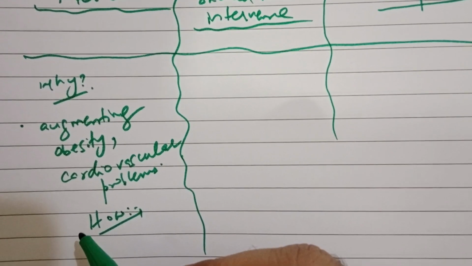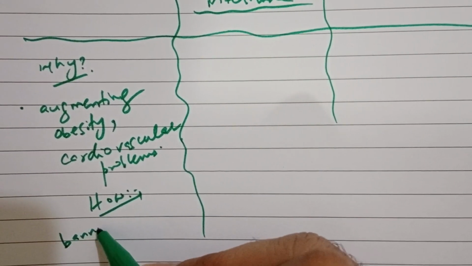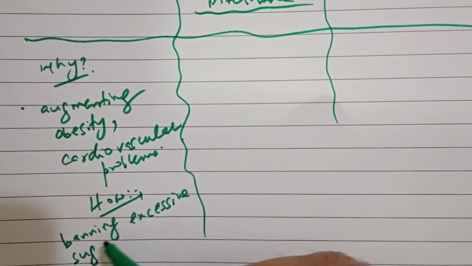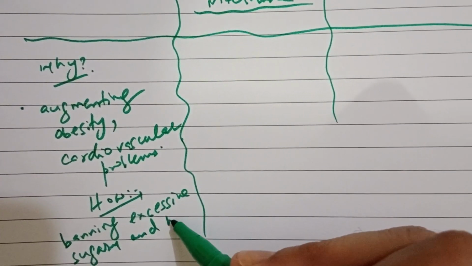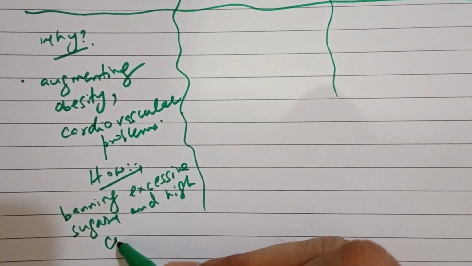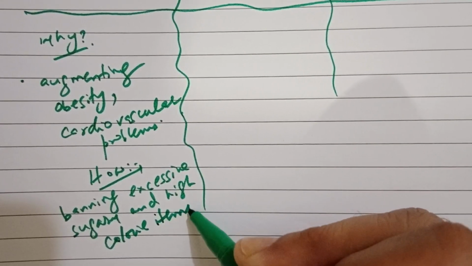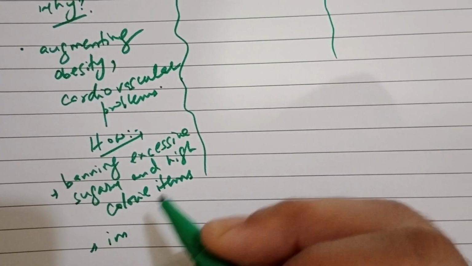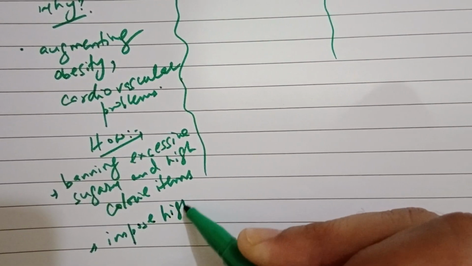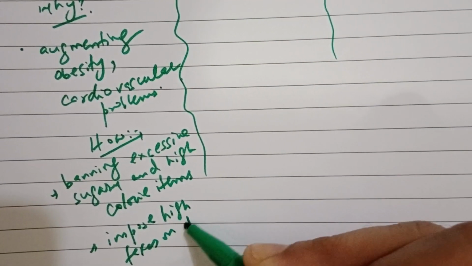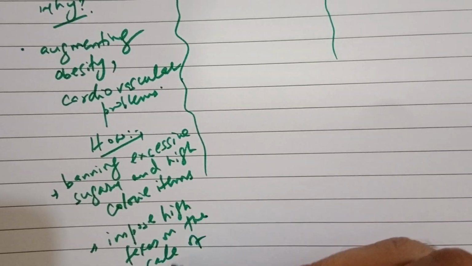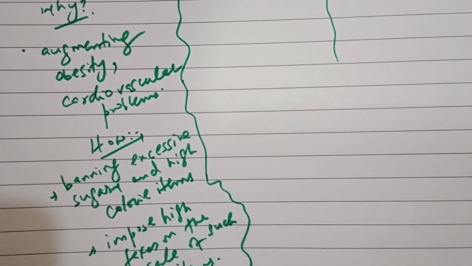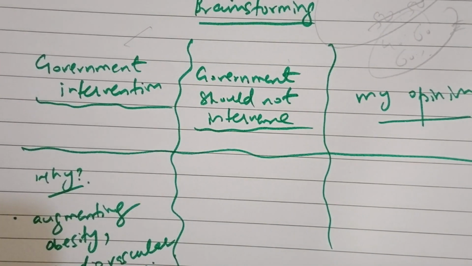Government can intervene by banning excessive sugary and high calorie items. What other things can government do? Government can also impose high taxes on the sale of such items. Now, these are my arguments when I am writing about government intervention.